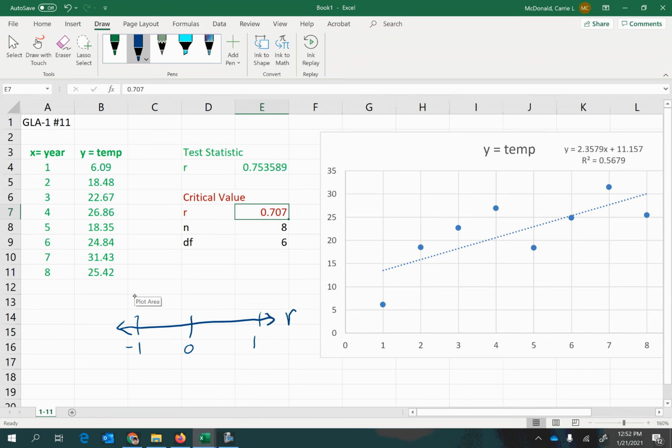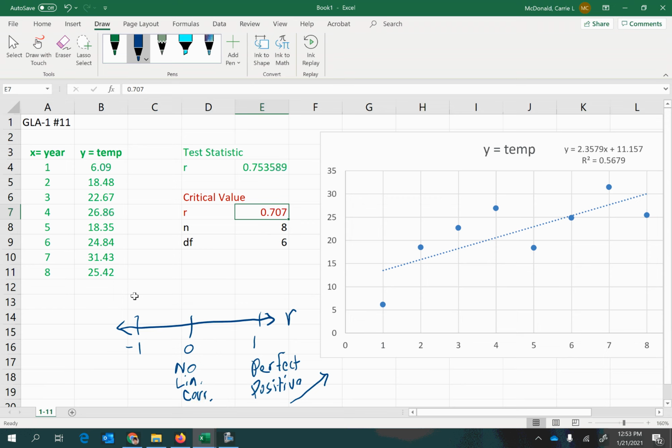And in the center, if you have 0, that means you have no linear correlation. But if it's close to +1, that's perfect positive linear correlation, which means you would see the dots make a perfectly straight line, and it would be going up from left to right.